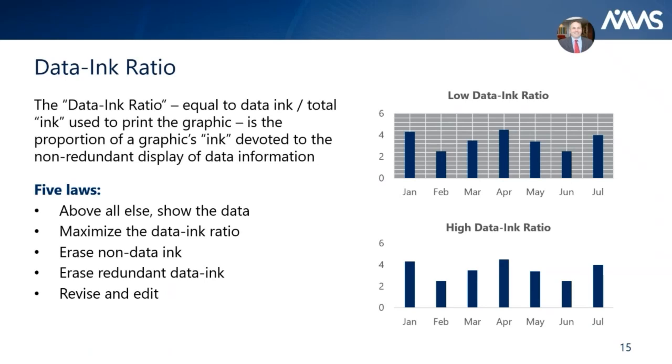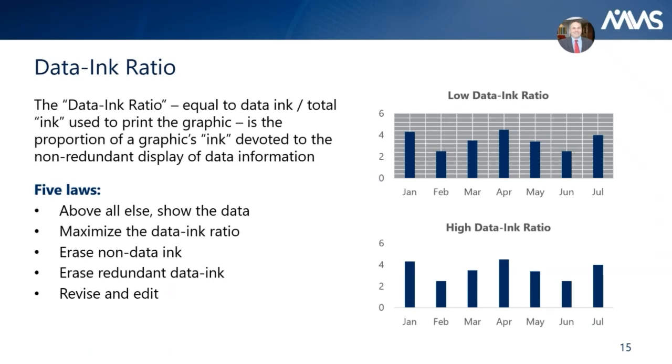Now, I would argue that if I were doing these graphs, you might want to come up with something in between the 2 of these. But again, these are just examples. So there are really 5 laws that the professor came up with regards to data ink ratio. So really just showing the data that you want to show, maximizing this data ink ratio if possible.